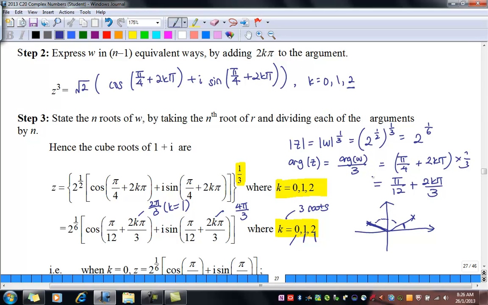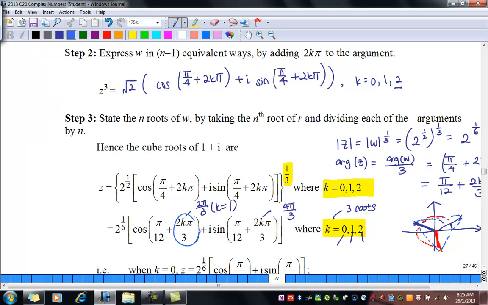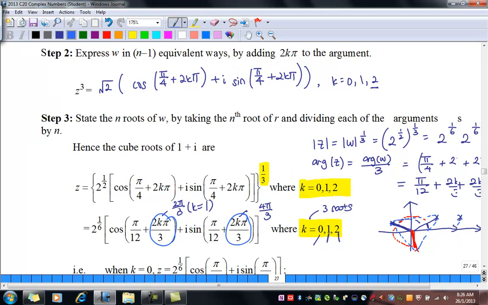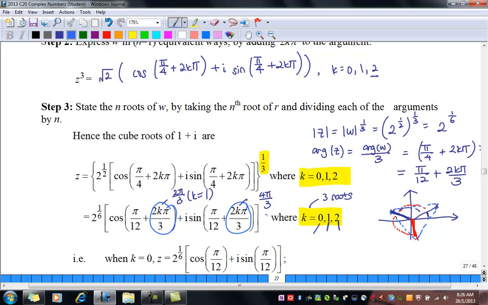If I add 2 pi over 3, and then add another 2 pi over 3, I would likely end up somewhere here. So this is my third root, and as you can see, it forms a triangle where they are all equally distributed about the origin, because the argument varies by steps of 2 pi over 3 each time. In this way I have obtained the 3 different roots.